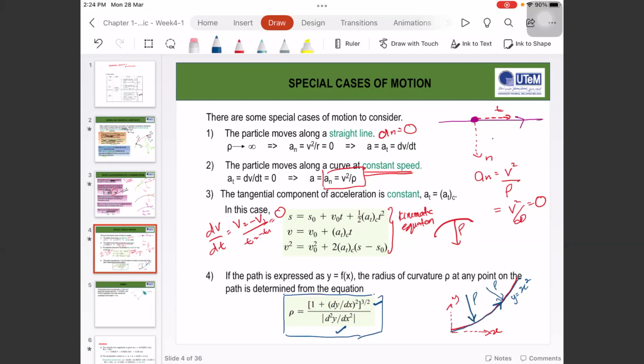If you want to find A N, which is v squared over rho, with A T being dv over dt, to find this rho you must use these equations. Okay, can?